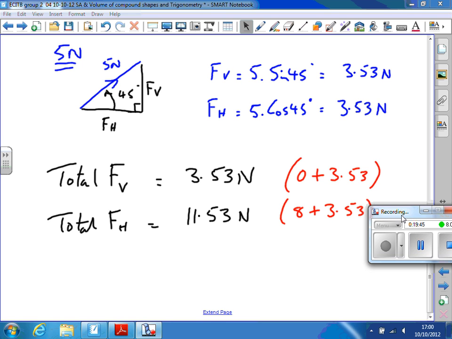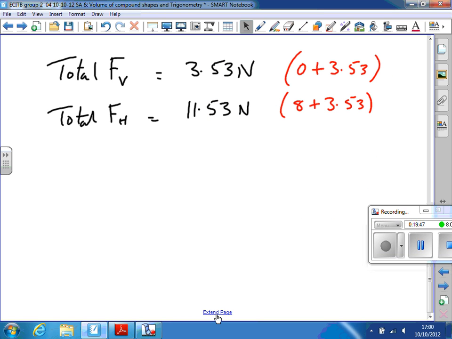So now we can form a triangle. The vertical side of that triangle is 3.53 and the horizontal is 11.53. And if I draw it that way, then we'll get the resultant in the right sort of direction, fitting in with the diagram that we had.